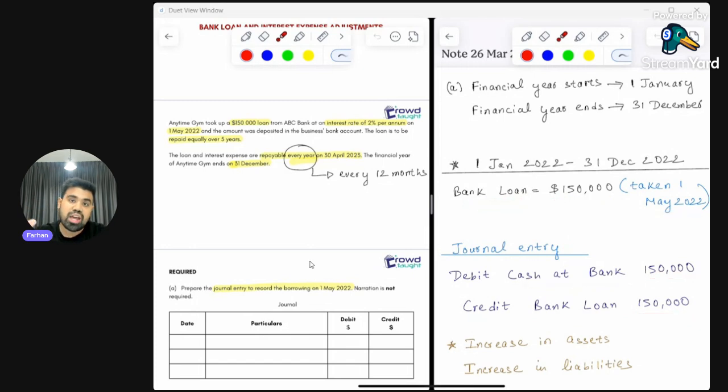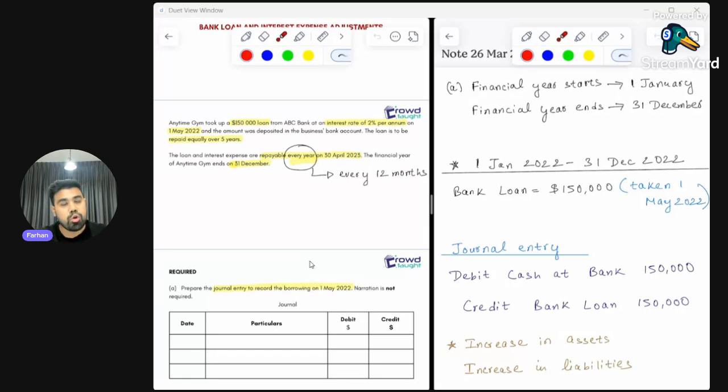Because when you are taking a bank loan, you are receiving these funds into your bank account, and your bank account is an asset account in itself. Because you're receiving the funds, your bank account is increasing in value, which means assets are increasing in value. When assets increase, we debit them. So that is why we are debiting the cash at bank account by $150,000.